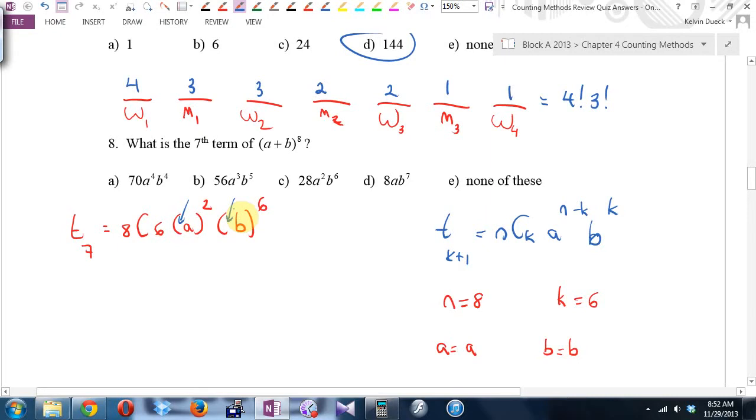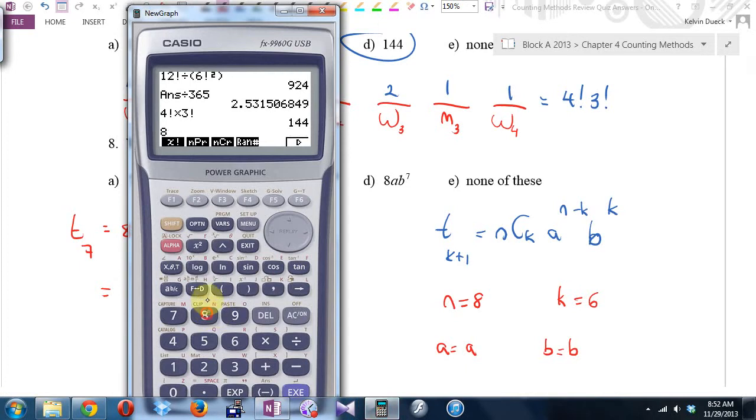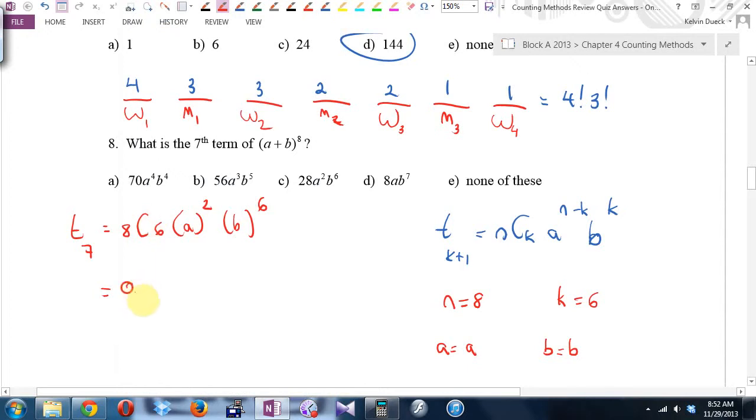I don't, so this is going to be a little bit easier as it turns out. It's going to be whatever 8 choose 6 is. 28. And then there's going to be an a squared, b to the 6th.